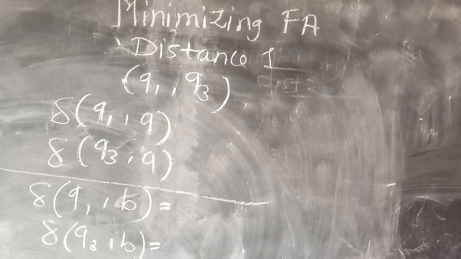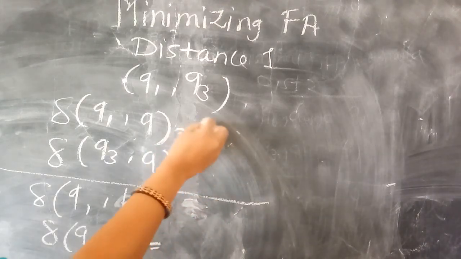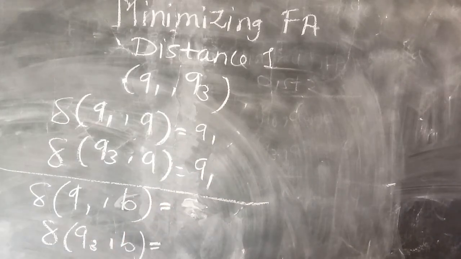Q1 on A is nothing but Q1 itself, and Q3 on A is again Q1. So both belong to the same set of states.